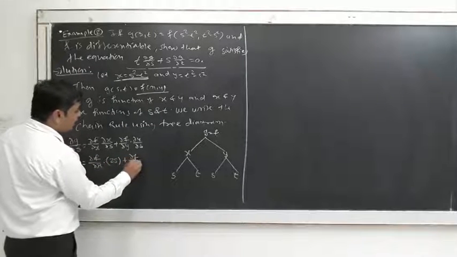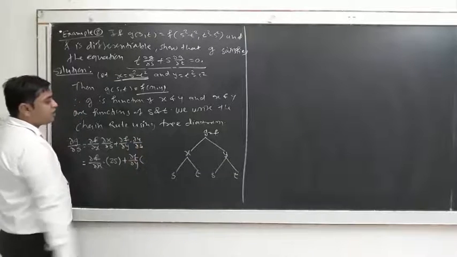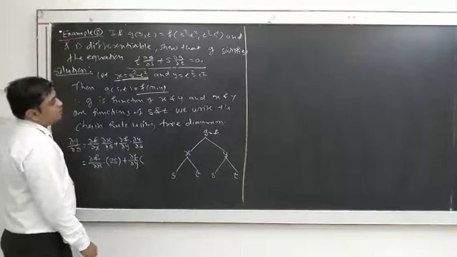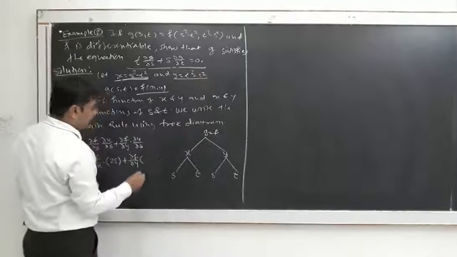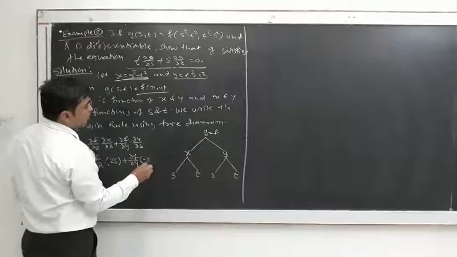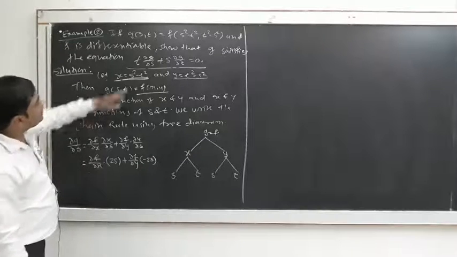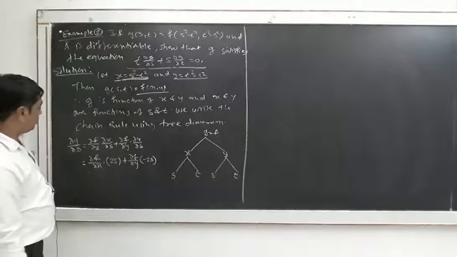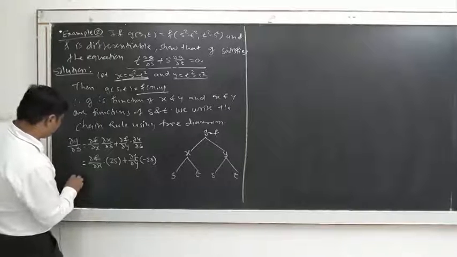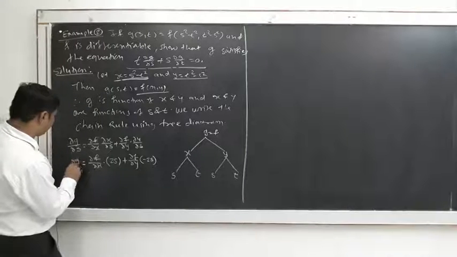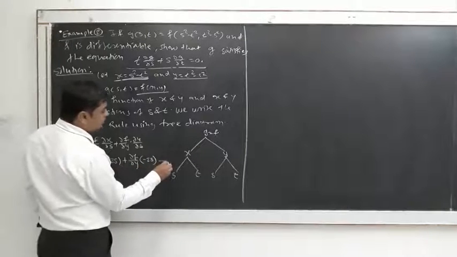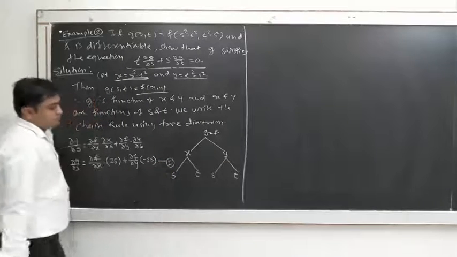Similarly, ∂f/∂y into ∂y/∂s, so again it is minus 2s. This is our equation number one for ∂g/∂s.